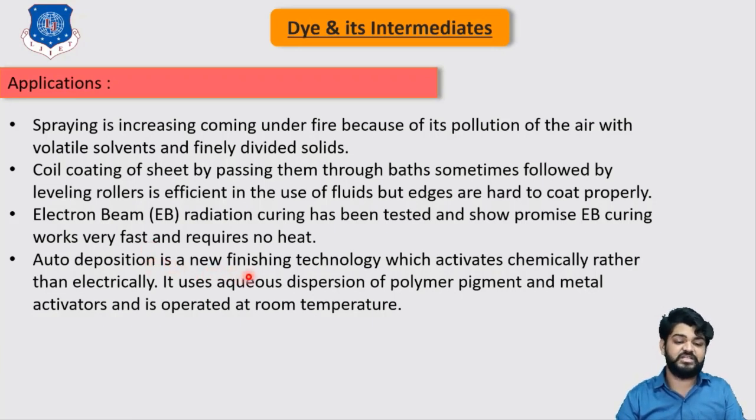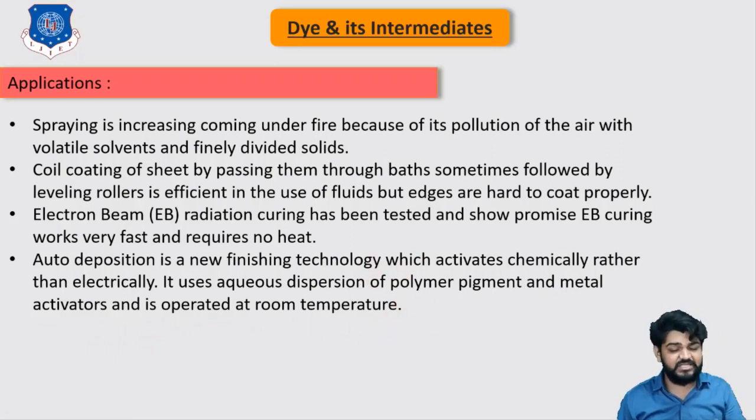Autodeposition is a new finishing technology which acts chemically rather than electrically. It uses an aqueous dispersion of polymer, pigment and metal activators, and it operates at room temperature. So this is one of the advantages, that it operates at room temperature.